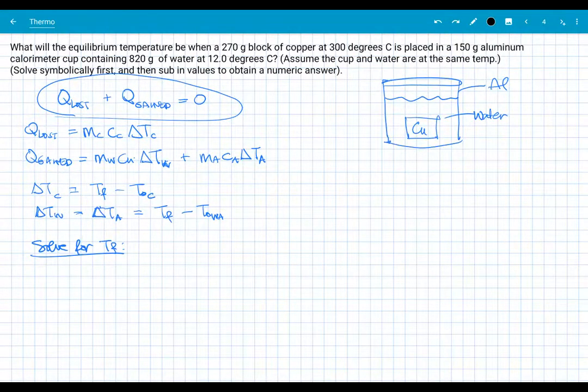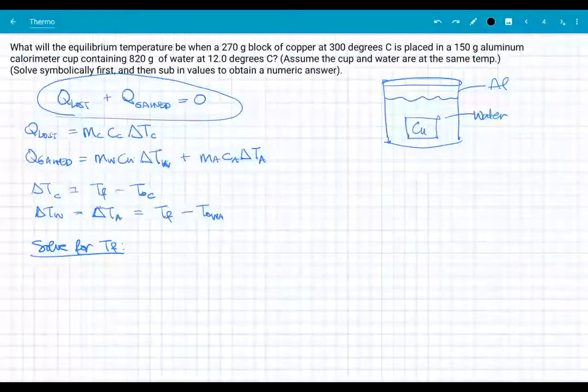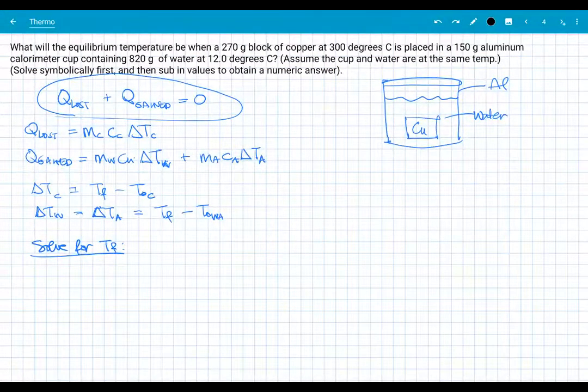So solving for T final here, I'm just going to use this approach above, Q lost and Q gained. So my Q lost, MC, looking at my copper, T final minus T initial for copper, is equal to my Q gained.